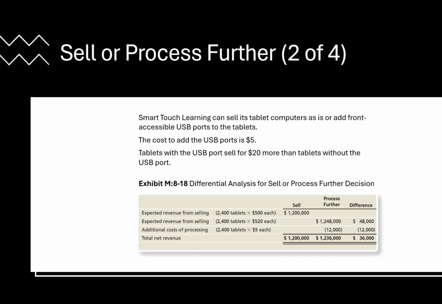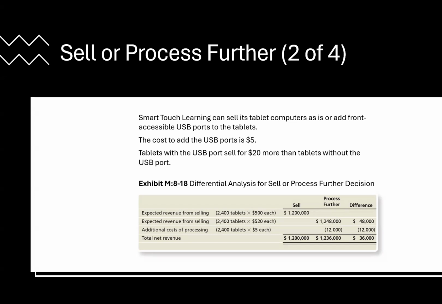Here you see in Exhibit 18 the differential analysis for the sell or process further decision for Smart Touch Learning. You have the expected revenue. In the first column you see sell, the middle column is process further, and the third column is the difference. The expected revenue from selling 24 tablets at $500 is $1.2 million.